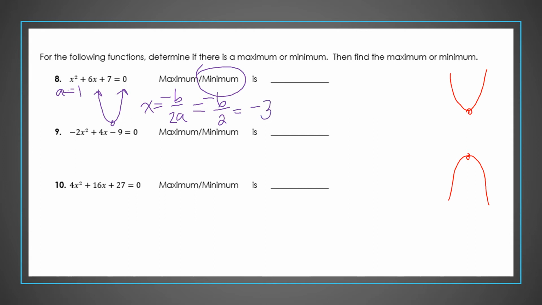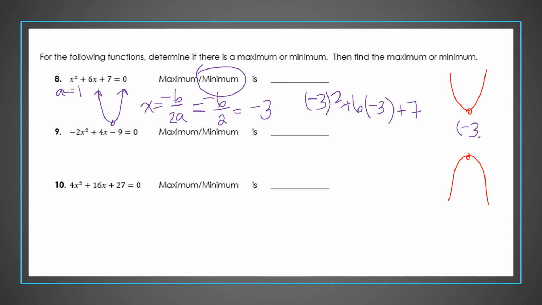Negative 3 is not the minimum, though. Negative 3 is when the minimum occurs, so it's the x-coordinate of the vertex. So to find the y-coordinate of the vertex, you need to plug negative 3 into the equation for all of the x's. So we're going to do negative 3 squared plus 6 times negative 3 plus 7, and then that will give us the minimum value.